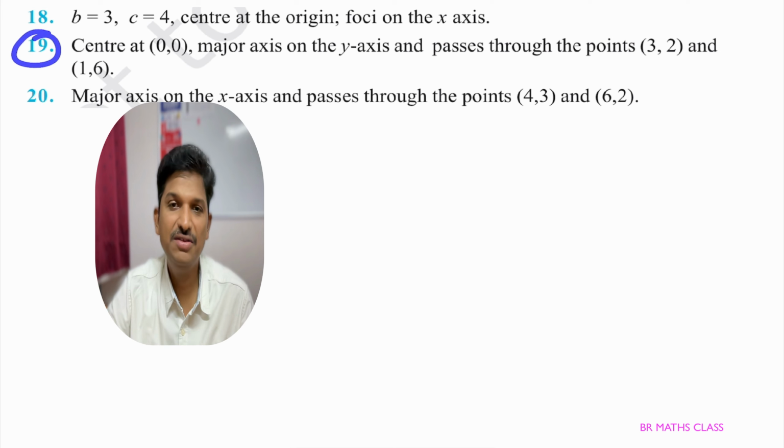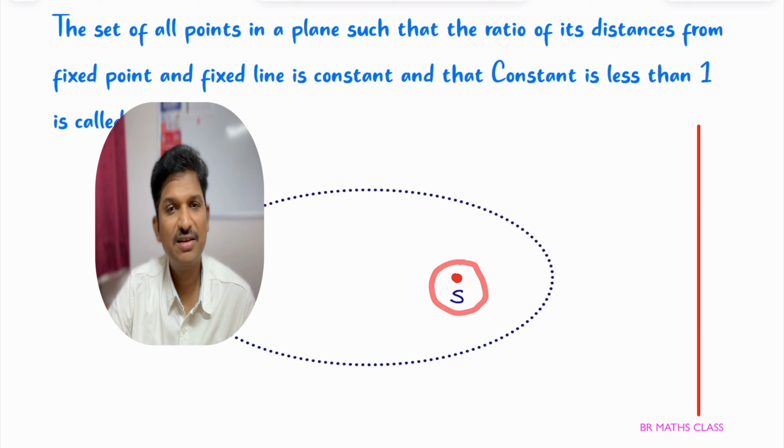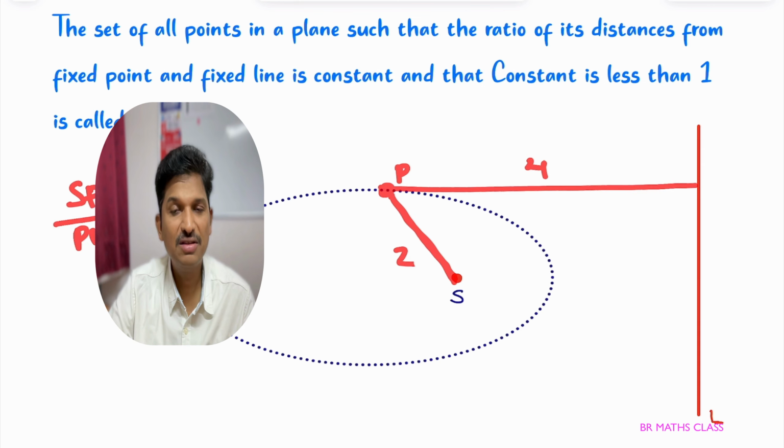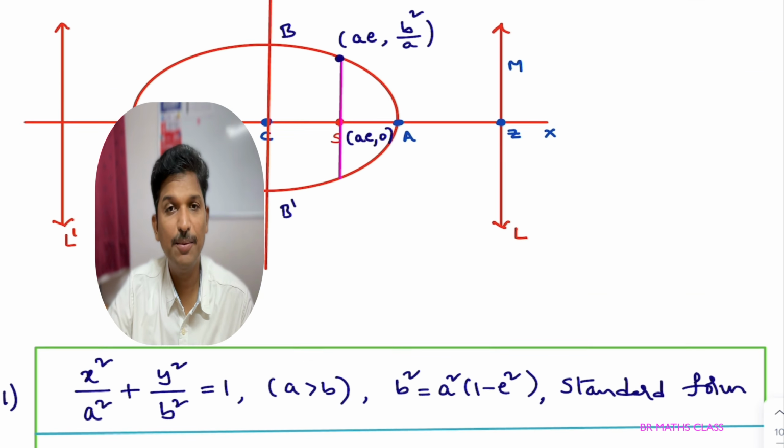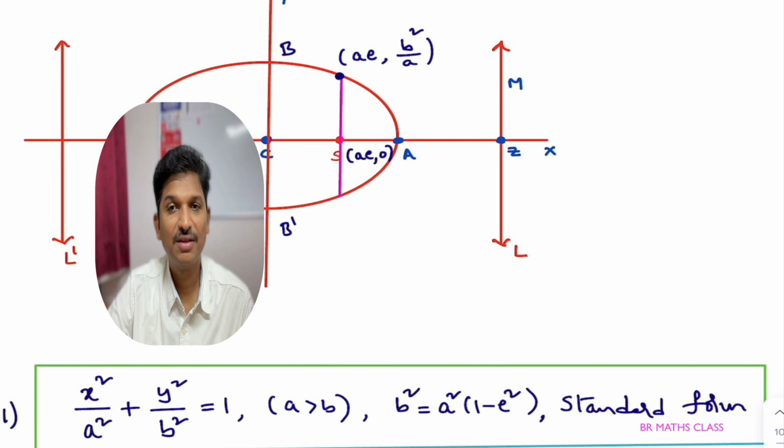This is not so easy to understand, but once you understand this, the rest of all the exercise problems are very easy. That's why I'm requesting you to focus completely on the first 30 minutes. If you understand the first 30 minutes clearly, then you will get a grip on the concept, right?